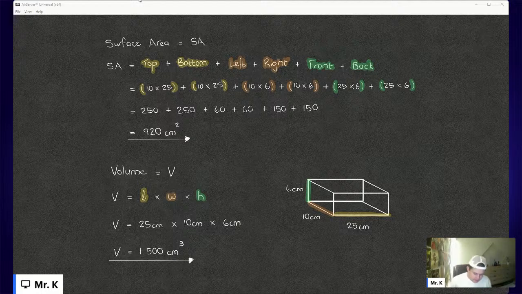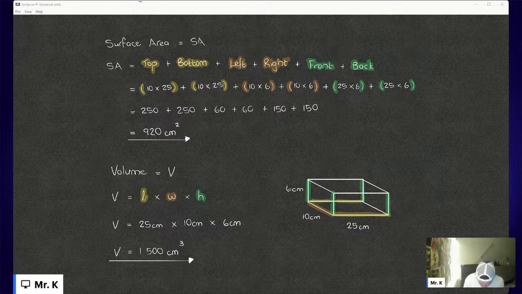Volume is slightly easier. Now, looking at this shape over here, in case some of you were a little confused as to how I got the numbers for these rectangles above over here in the first example, please keep in mind that all of these rectangles combined tell us that the 4 pillars on the corner are all going to be 6 centimeters.